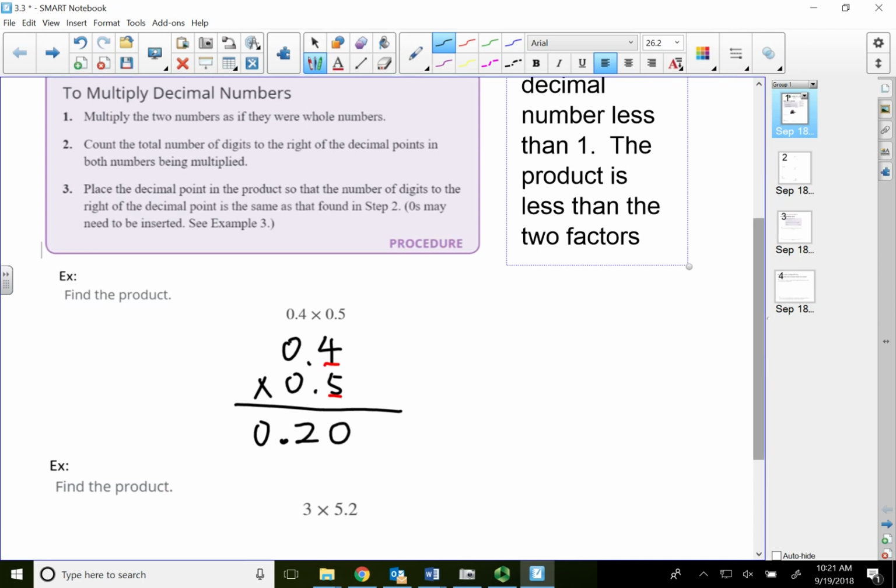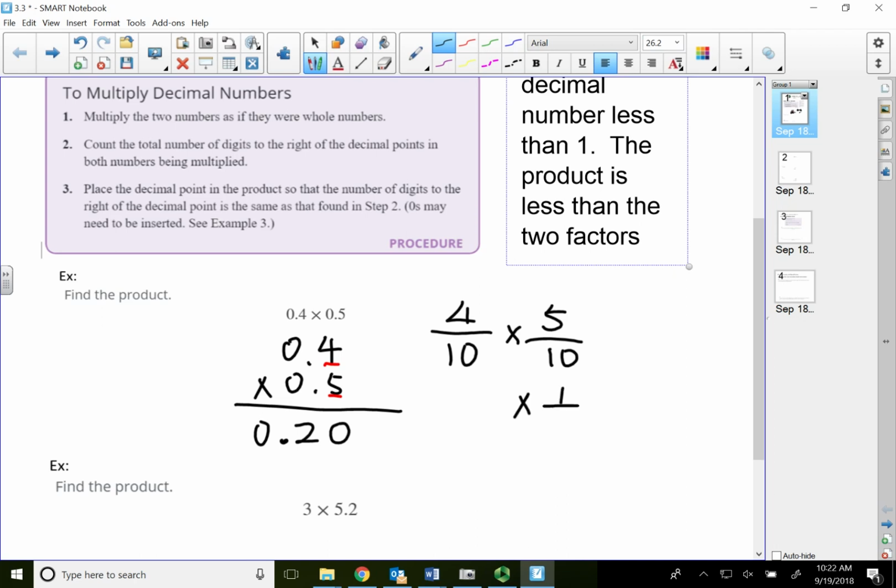All right, let me explain to you why that's the case. Let's read this correctly. 0.4 is actually 4/10. 0.5 is actually 5/10. Think about this: 5/10 or 0.5, most students know that's a half.